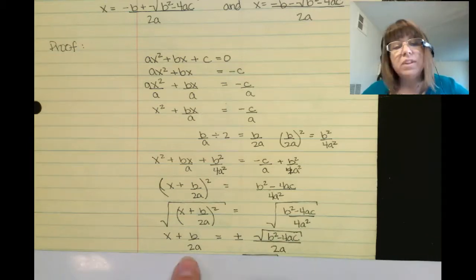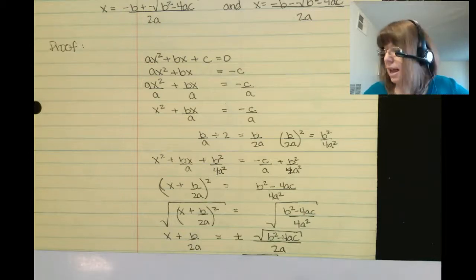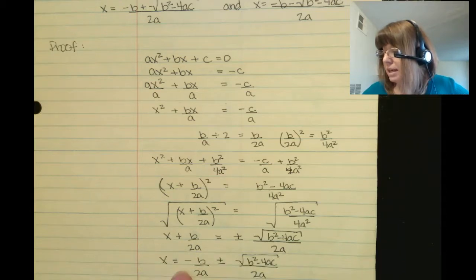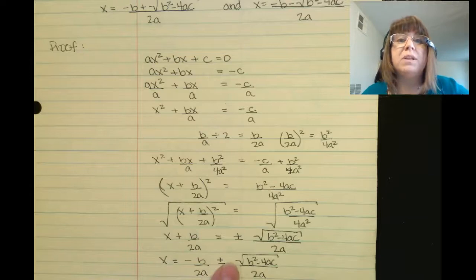Now I just need to move the b over 2a over to the right-hand side, giving me minus b over 2a plus or minus the square root of b squared minus 4ac all over 2a.